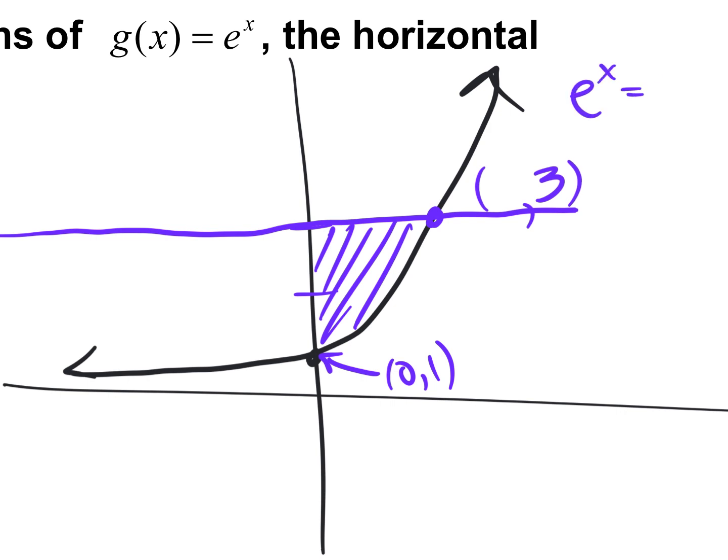You're saying e to the x equals 3. Therefore, x is the ln of 3. Okay, we all okay with that? Again, parent function, solving, all of that. Yay.